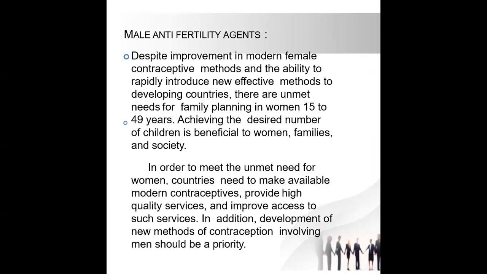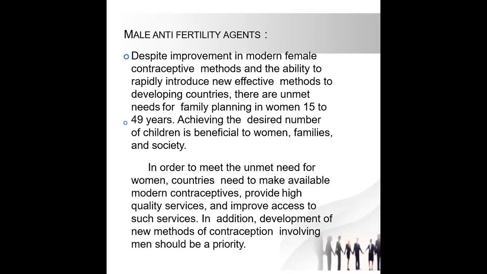Then we have the other hormonal contraceptives which are used in the males. They are called as male anti-fertility agents. Despite the improvement in the modern female contraceptive methods and the ability to rapidly introduce new effective methods to the developing countries, there are unmet needs for family planning in women ranging from 15 to 49 years, and achieving the desired number of children is beneficial to women, families, and society.